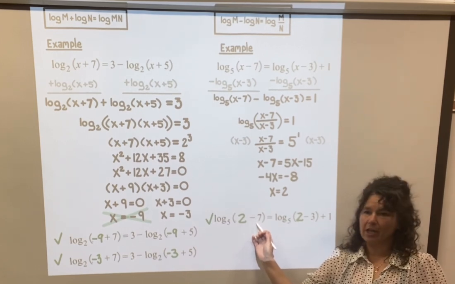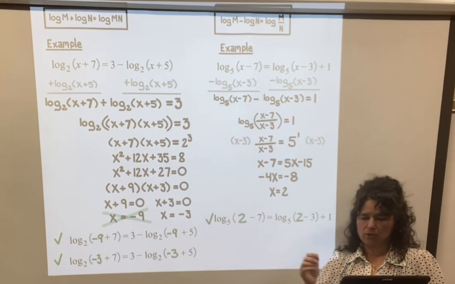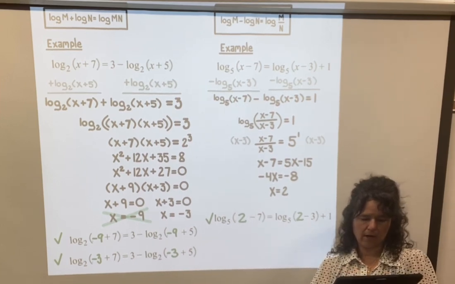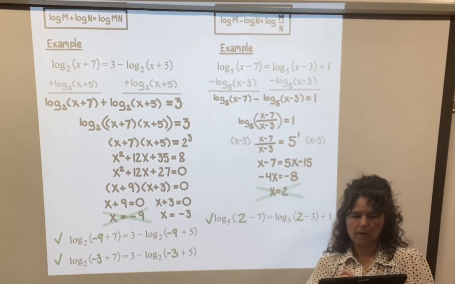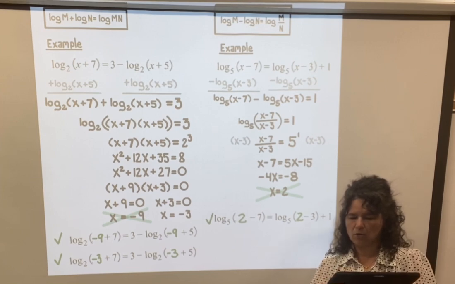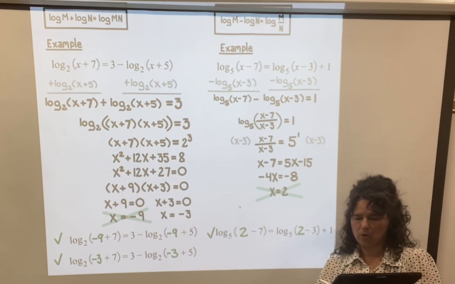I don't really need to check any further. I would be taking the log of a negative number. So this one is going to have to be thrown out, which means that I have no real solution.